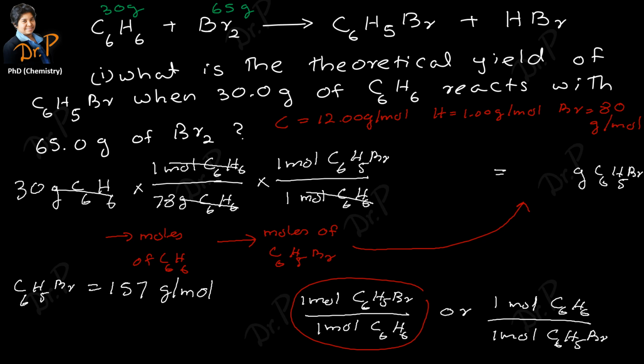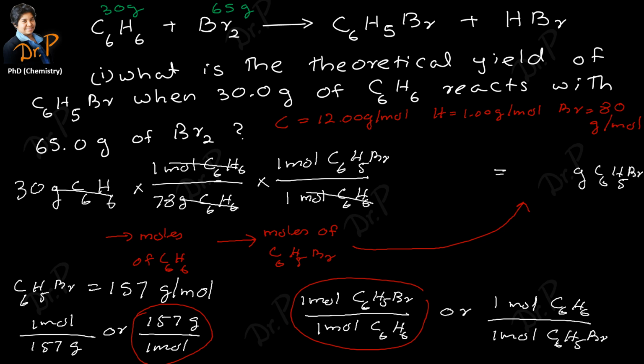You can use this as 157 grams is 1 mole, or 1 mole is 157 grams of bromobenzene. I need to get rid of moles term, so I need a mole term as the denominator. So I have to go for this conversion factor. I'm going to plug that in.